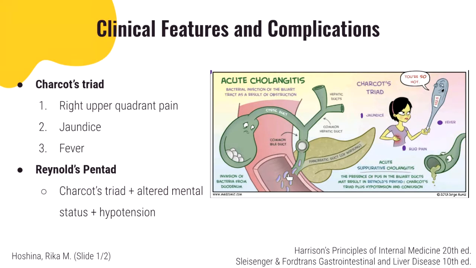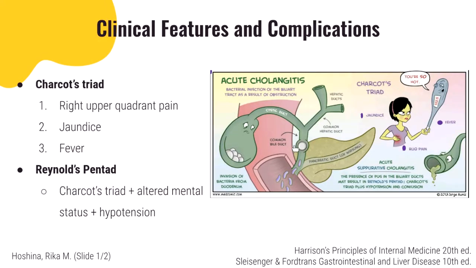So the inflammation causes the right upper quadrant pain, and the jaundice is due to the obstruction, since conjugated bilirubin, which was supposed to go to the bile canaliculi, will now go to the hepatic duct and go to the hepatic venous circulation. Thus, patients can present with jaundice. And fever also results from the ascending hematogenous infection.